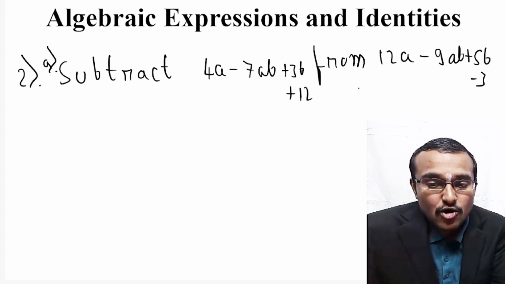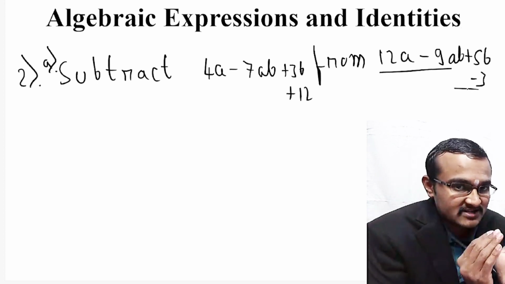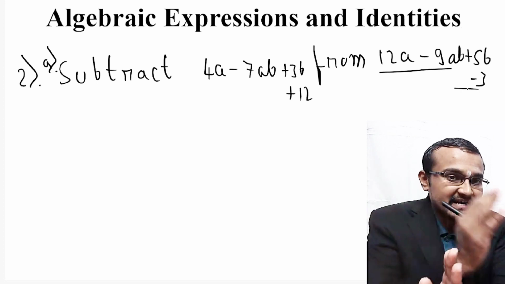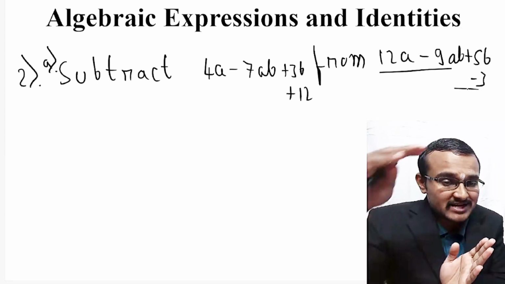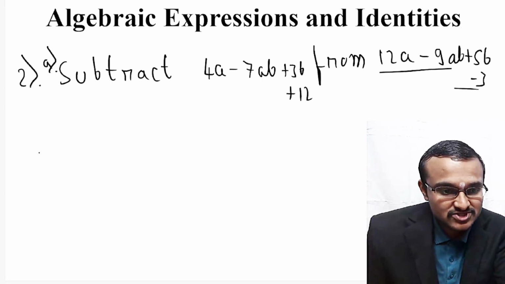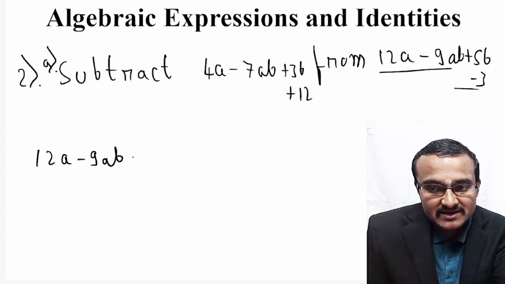So here always the expression which comes after 'from' should be written first, and you should do minus, open the bracket and write the first term. That means 'from' is the second term. You are subtracting the first term from the second term. So you should write the second term first. That is 12A minus 9AB plus 5B minus 3.